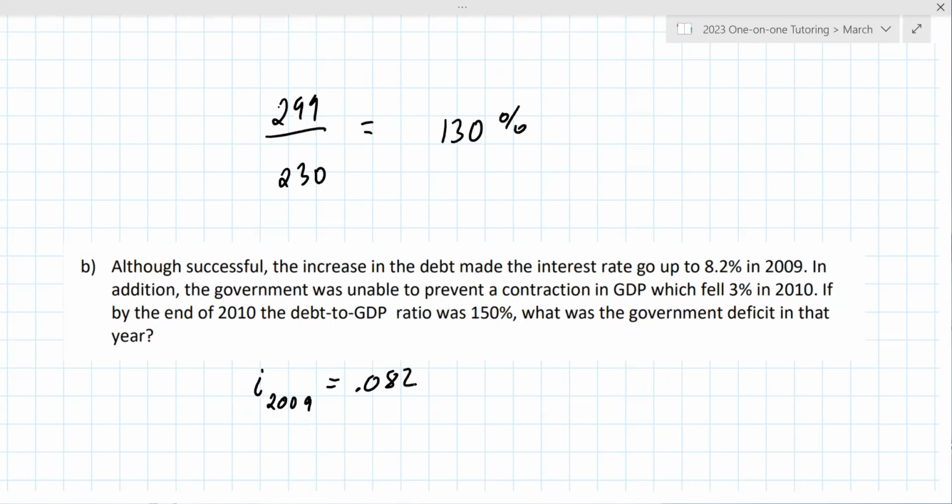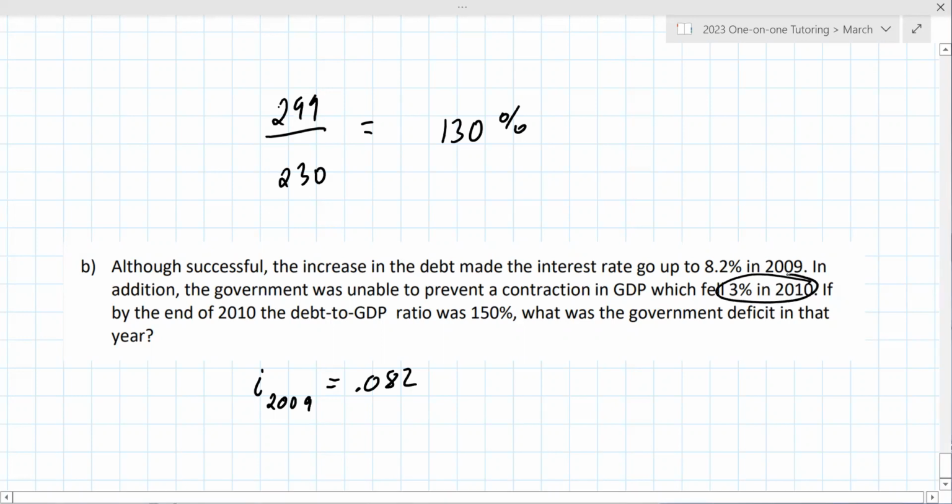Okay, so there's where we get using 3% GDP. So the GDP in 2010, which is just off to the side here, is the GDP from the previous year, 230, but then it's 1 minus 0.03. So 0.97. Yes, so it went down.